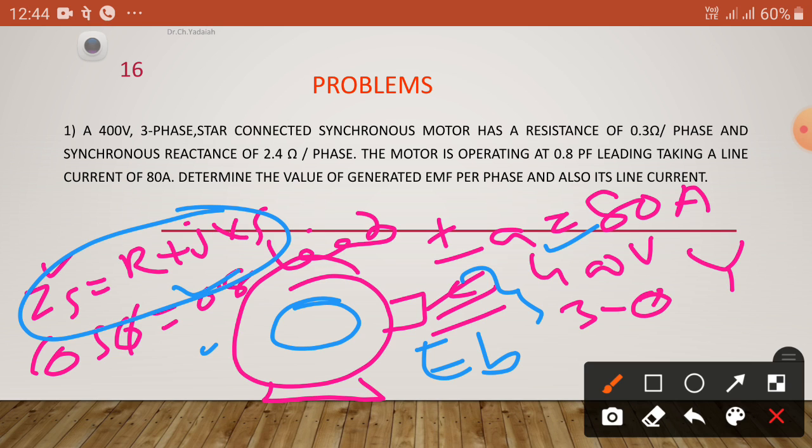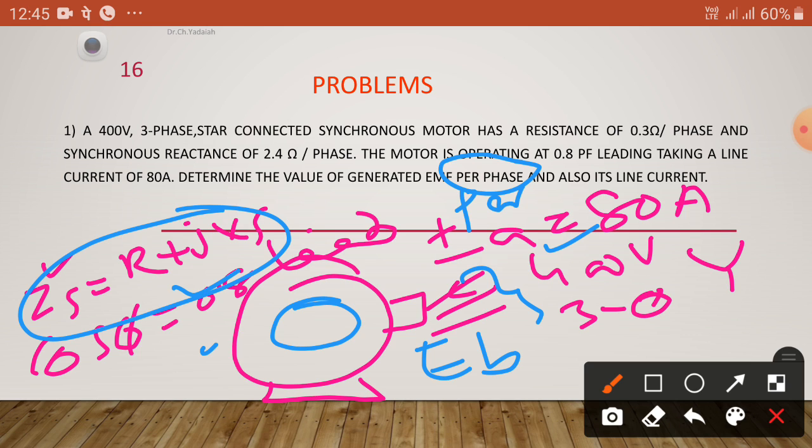Dear students, since this is 3-phase, it is better to convert each value into a per-phase value. Calculate for one phase, and after that convert into 3-phase, because it is connected in star. In star connection, the line current and phase current are the same, whereas the line voltage is reduced by root 3 times to get the phase voltage. So these are the basic data given.